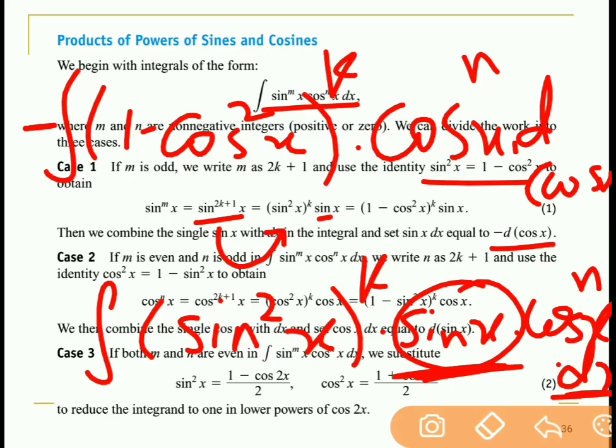Now we can assume cos x as one variable, that is u. So the entire integral will be in the form of 1 minus u square raised to k into u raised to n into the derivative of u. Then it will be very easy to solve the integration.